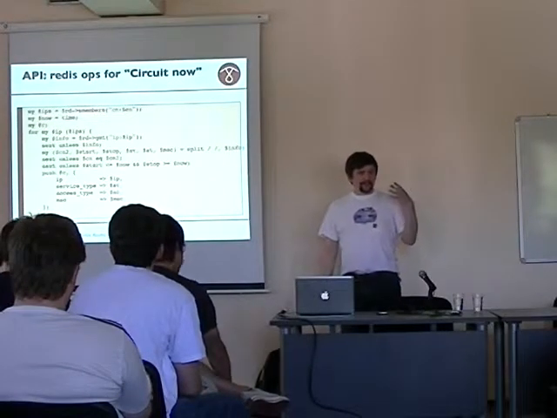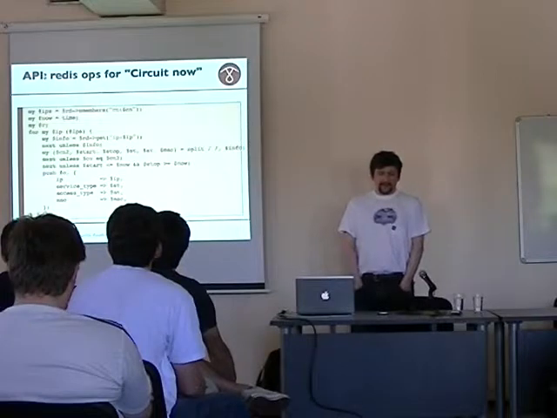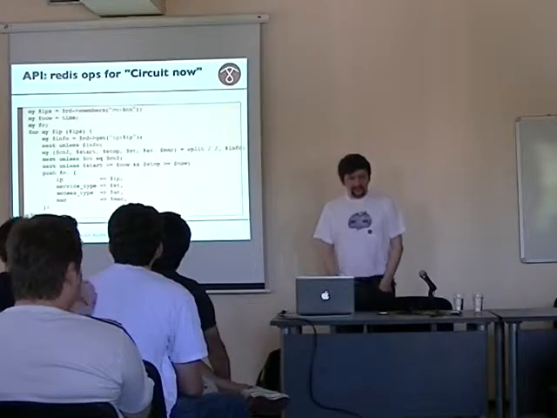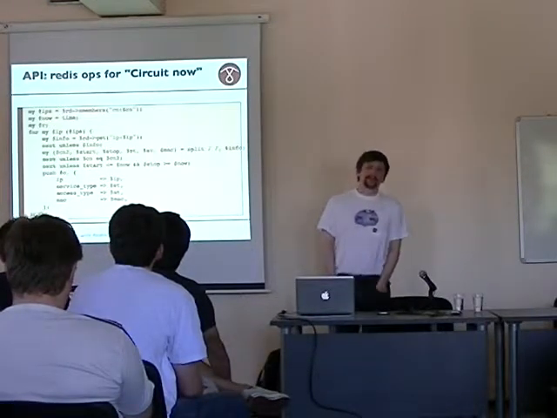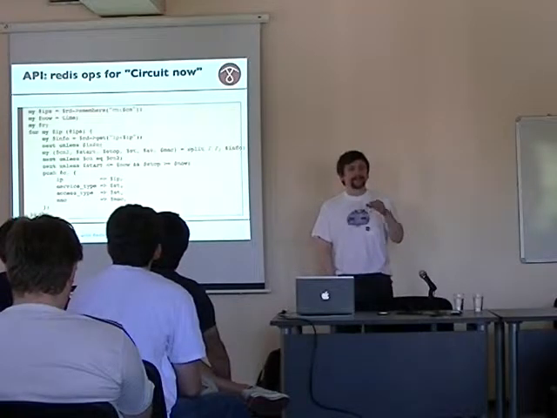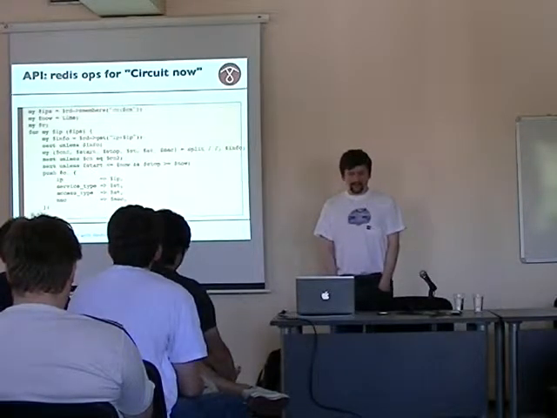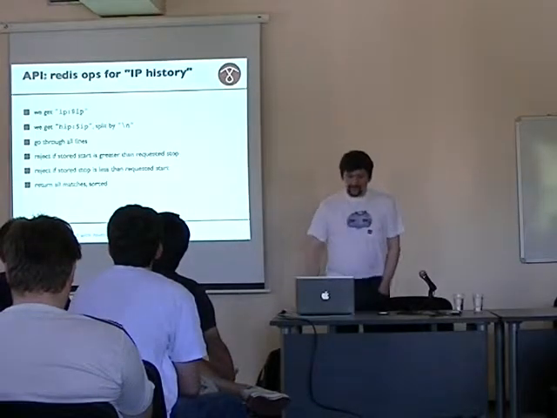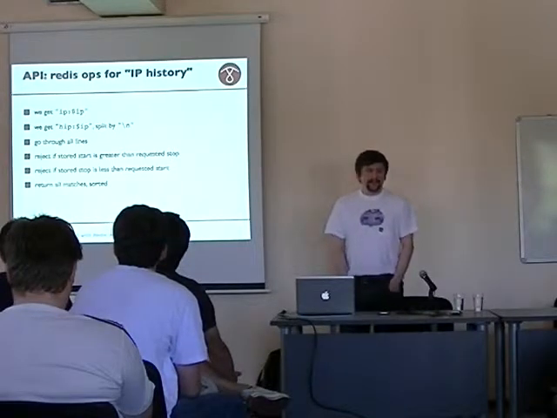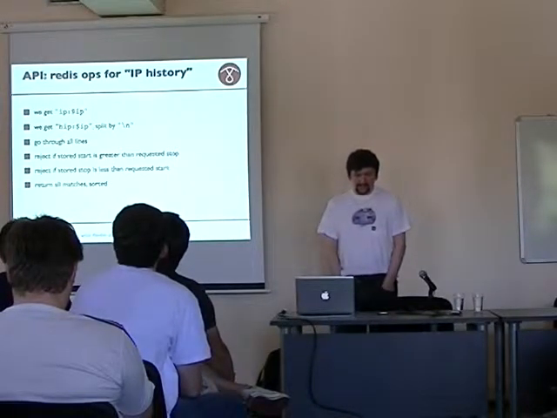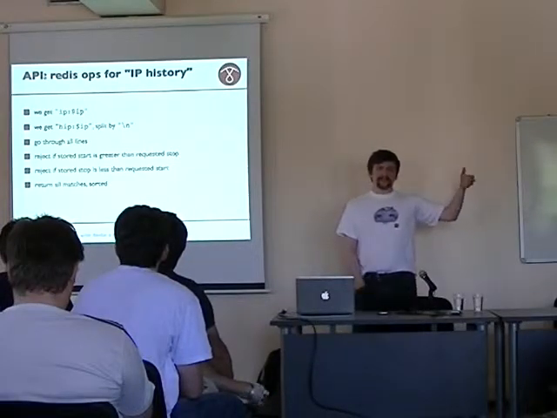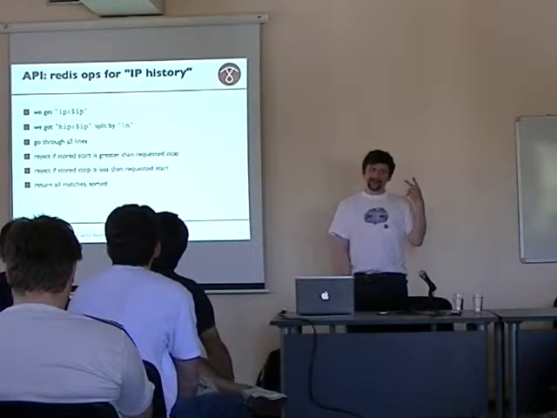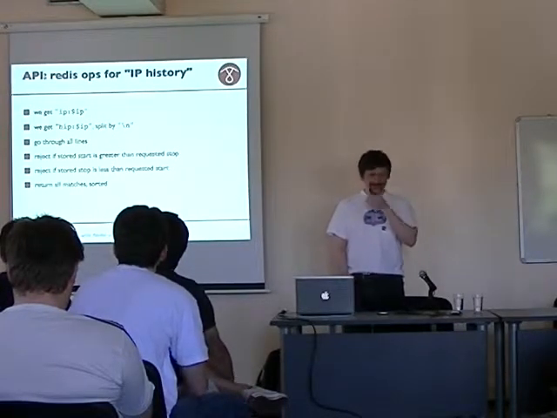So the circuit now is a bit more complex, because we need to get all the IPs for that circuit, and then fetch in the loop information about that IP, and only return those IPs which fit the timestamp. It is still very, very fast. And the IP history is similar to the IP, because we take the historical data, which are guaranteed to be historical, and we get the current data, which just might be also historical if it's already expired.